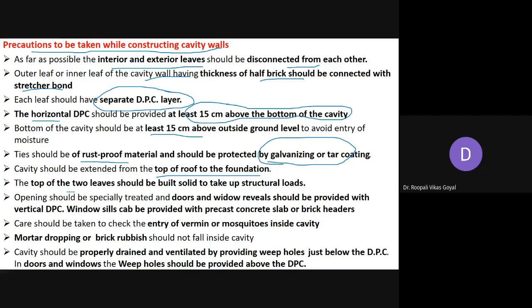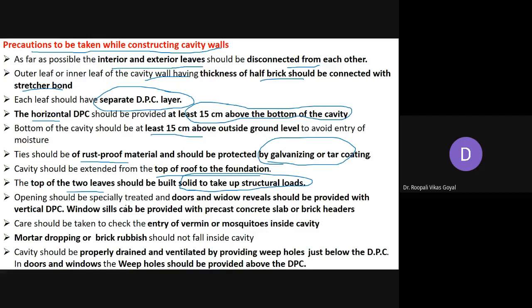And the top of the two leaves should be built with solid block to take up the structural load. The top of the two leaves is generally constructed with solid wall so that it can take the structural load.